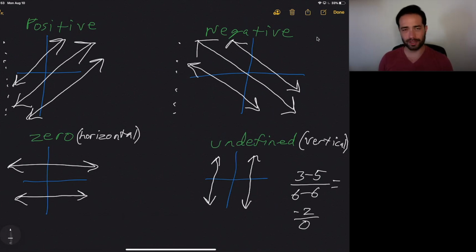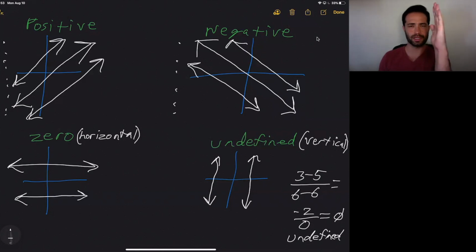Negative 2 over 0 is actually negative 2 divided by 0, which is undefined, okay? So that would be no solution or undefined. Undefined. Okay, so if you divide by 0, if you did it on your calculator, it would say error. All right, so undefined slope. It is a vertical slope. And again, you will have a 0 on the bottom of your fraction, which you can't do.